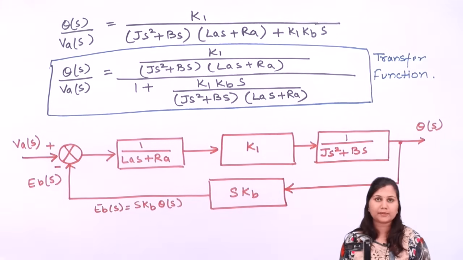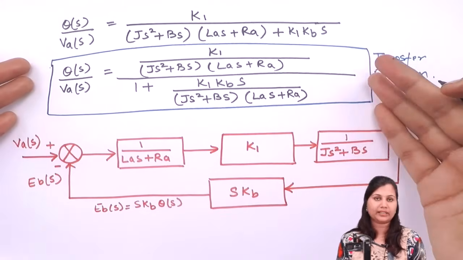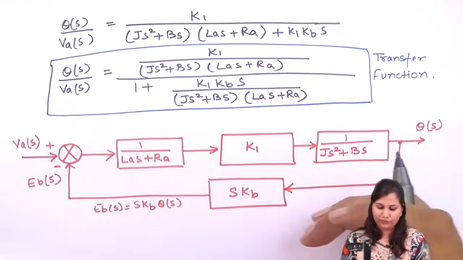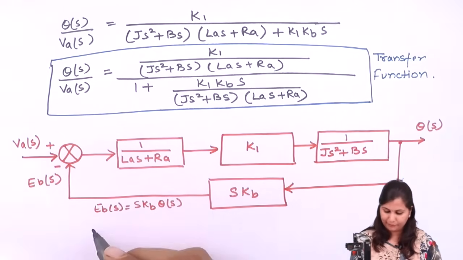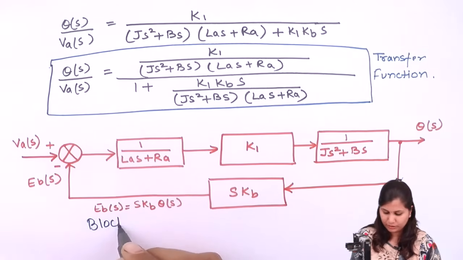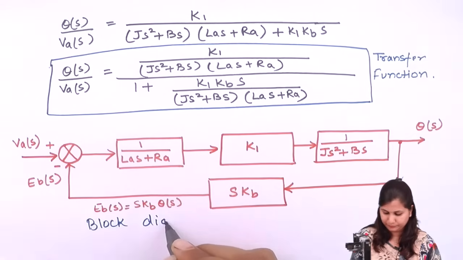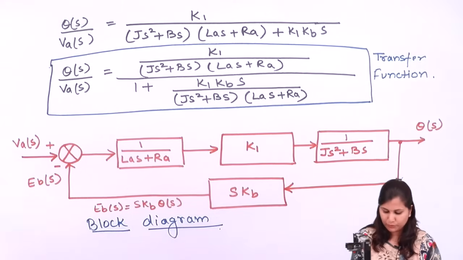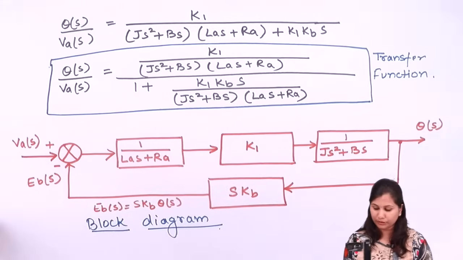If we solve this block diagram, we are going to get this transfer function only. So we have drawn the block diagram of the armature controlled DC motor. So this was all about the armature controlled DC motor.